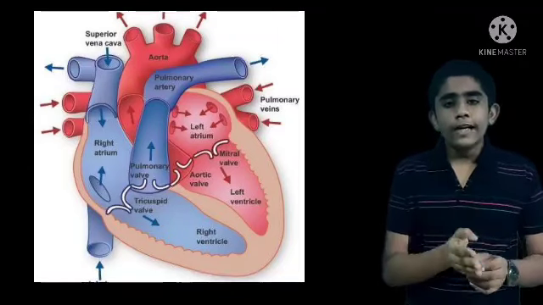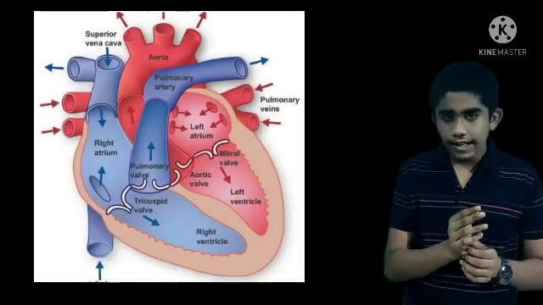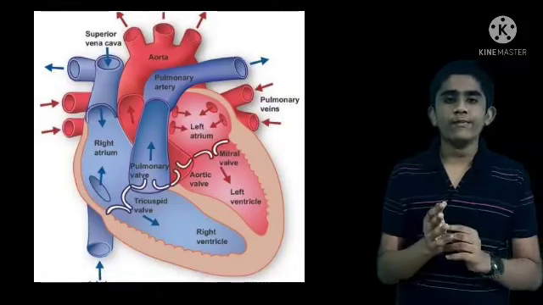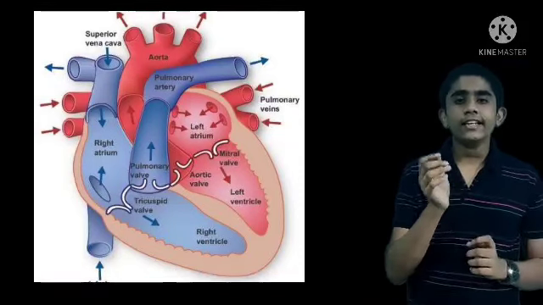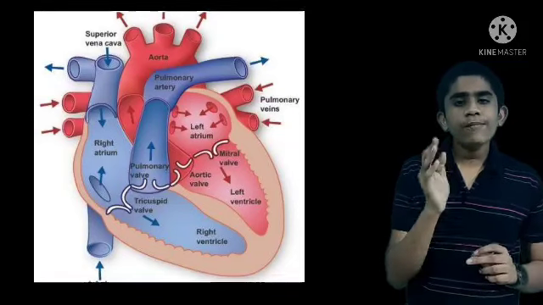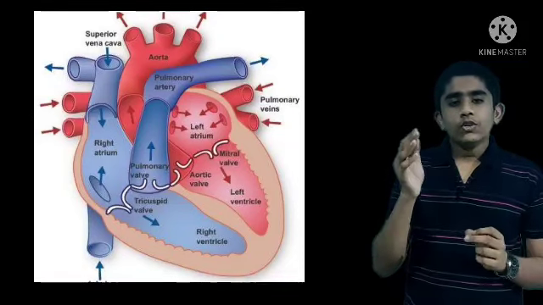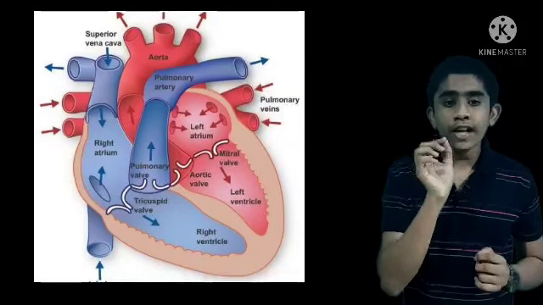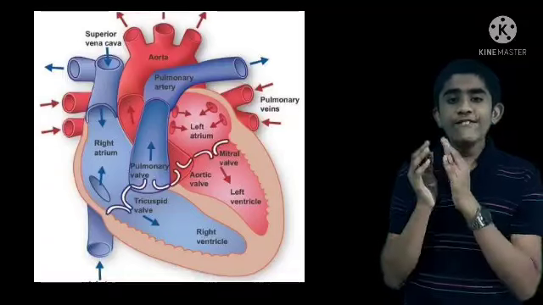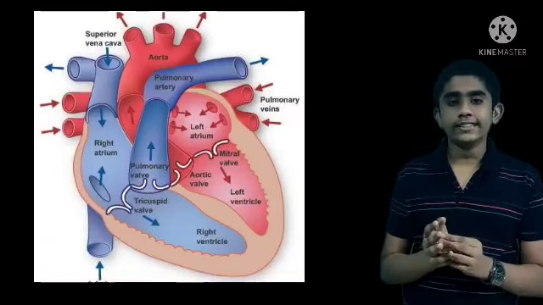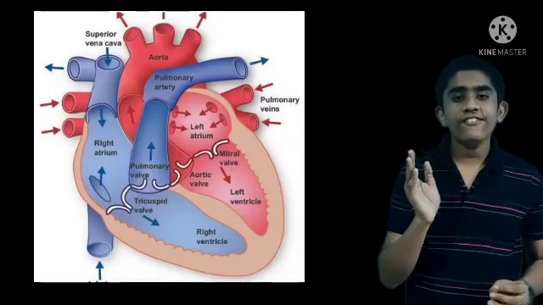The blood flows through this pulmonary artery and reaches the lungs and gets purified, which means it gets oxygenated. It returns from the lungs through the pulmonary vein. Every vein carries deoxygenated blood except this pulmonary vein.